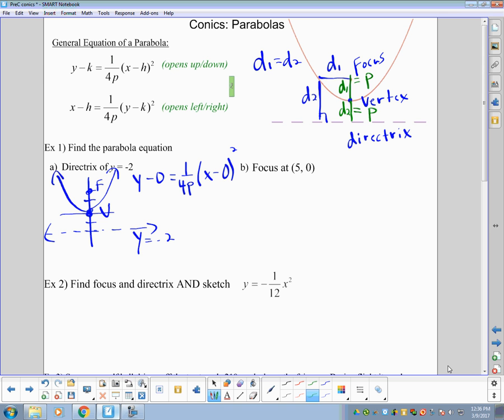Since they are equal, it's the same thing. So p is the distance from the directrix to the vertex or from the vertex to the focus. And so in this case, what is p? 2. And so p is 2. I have y equals 1 over 8 x squared, and that's it.